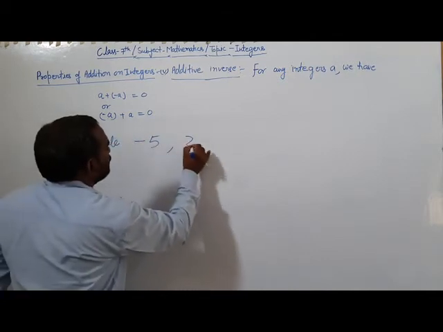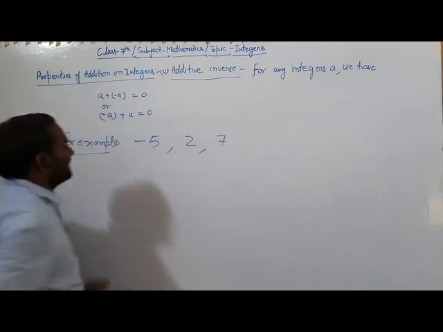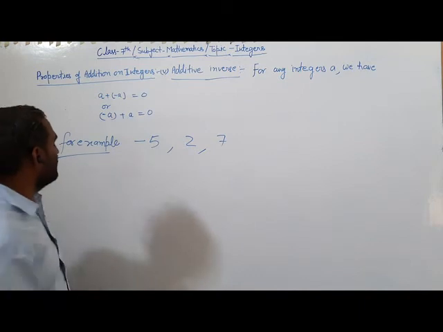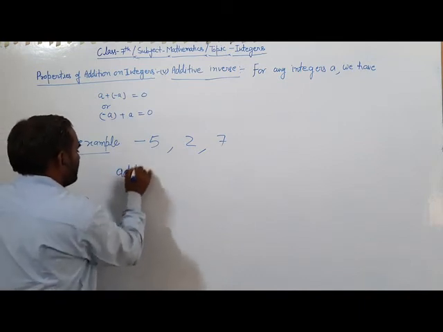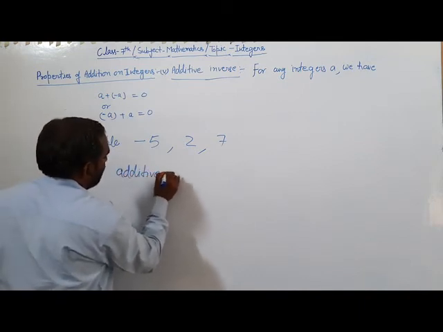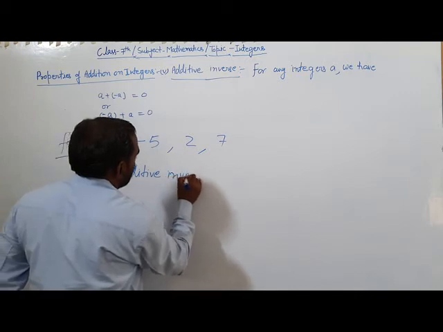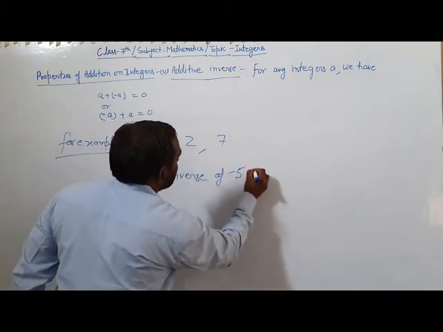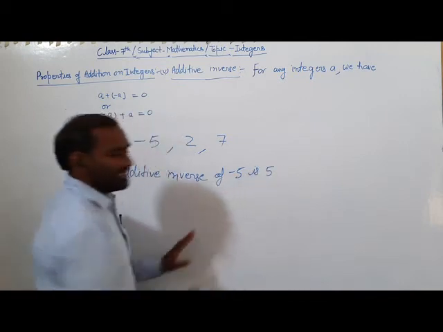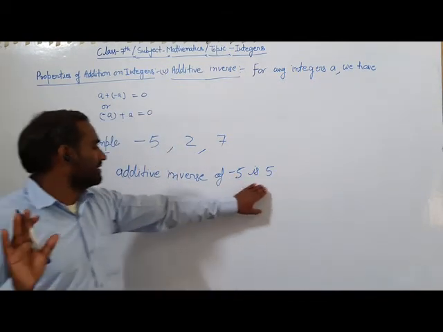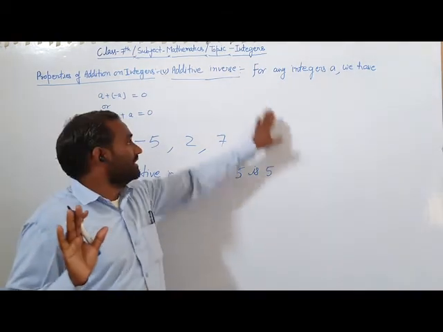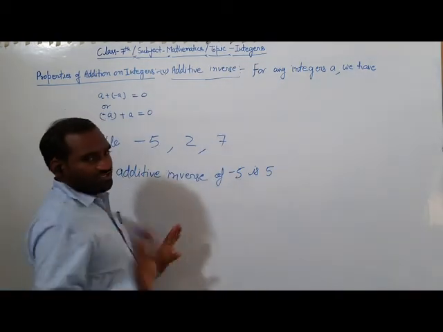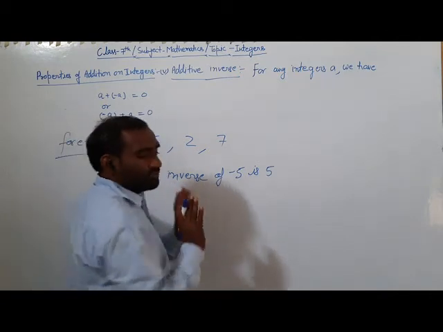-5, 2, 7. Here three integers are given. So the additive inverse of -5 is 5. You have to change the sign only, not the numerical value of the integer. The additive inverse of 2 is -2. You have to change the sign.